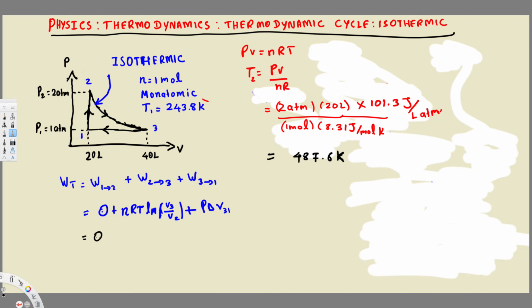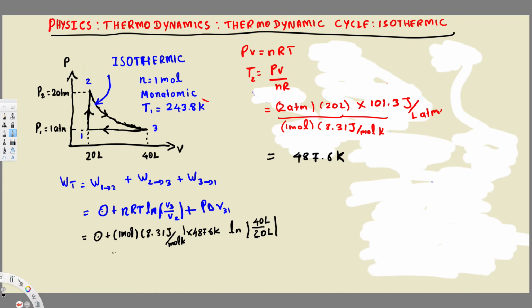This is going to be 0 plus n, which is 1 mole, R is 8.31 joule per mole Kelvin, times 487.6 Kelvin, times log of V3 over V2. That's V3 over V2, so 40 over 20. Here we don't have to worry about the unit because both of them are going to cancel.